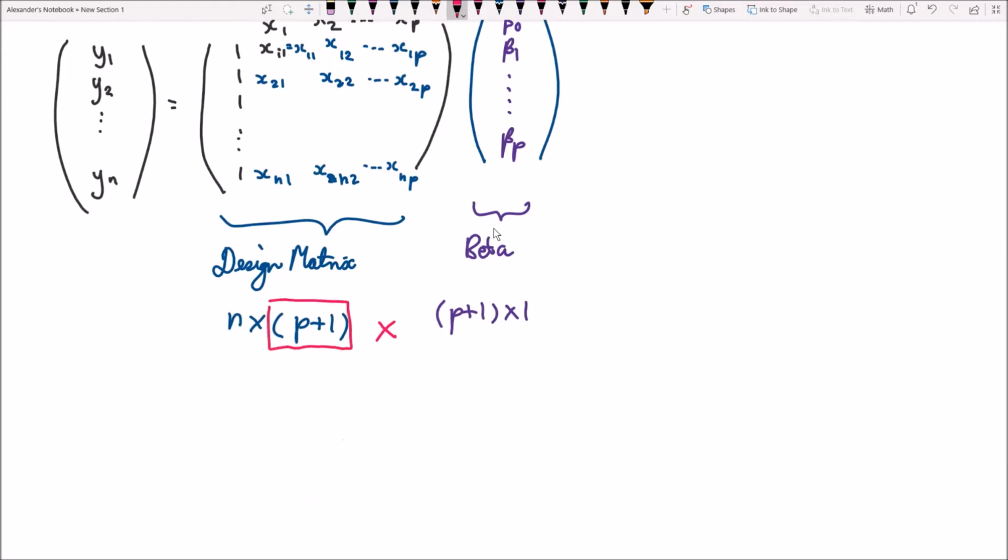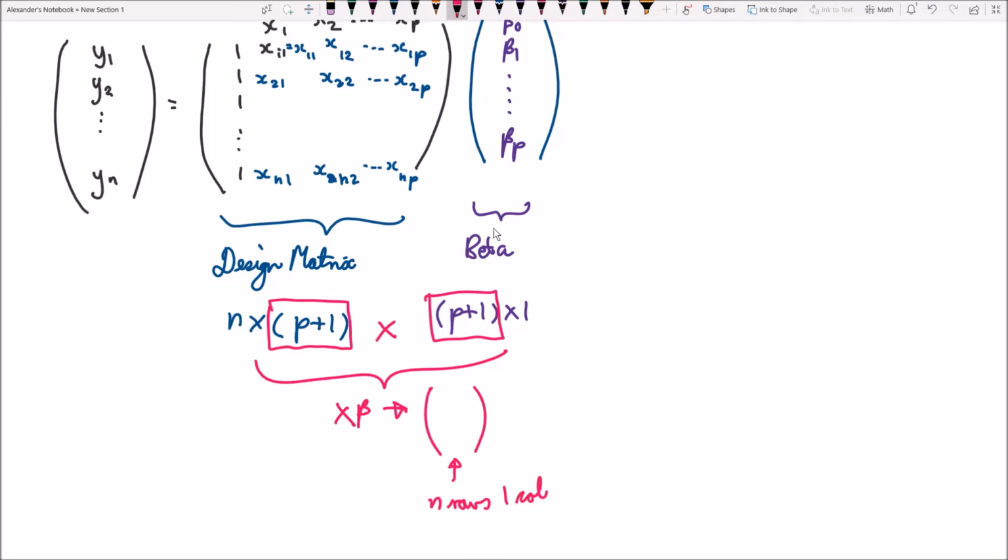We have p plus 1 columns for the design matrix, and we have p plus 1 rows for the vector beta. So that means that if we multiply x by beta, the resulting vector is n by 1, it's going to have n rows and 1 column. So x times beta is a vector with n rows and 1 column.